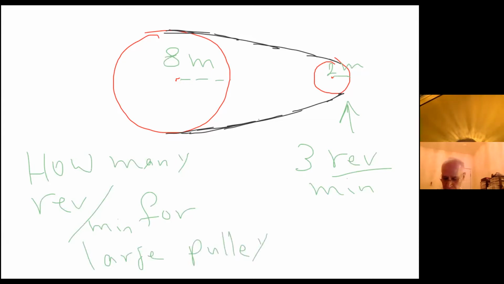There are different ways of calculating this, but the easier way is to think in terms of linear velocity. The linear velocity of both of these pulleys is the same simply because they're connected by that belt. If you put a dot on the belt, the linear speed of that dot is the same no matter where that dot is.